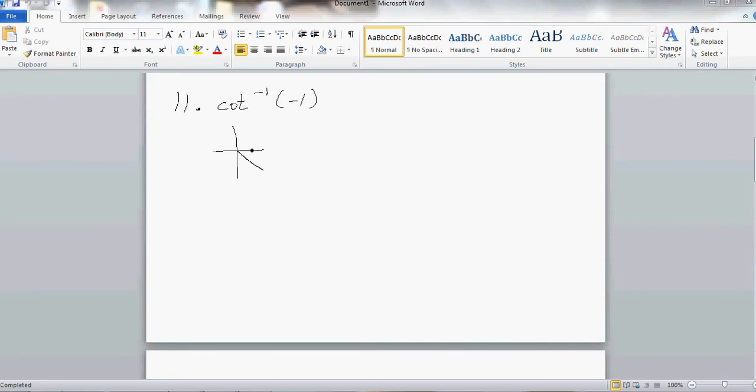Then we need to determine what angle it is. Well, here we have cotangent is negative 1. So the tangent would be the reciprocal. This is basically saying the reciprocal of -1, but the reciprocal of -1 is -1.